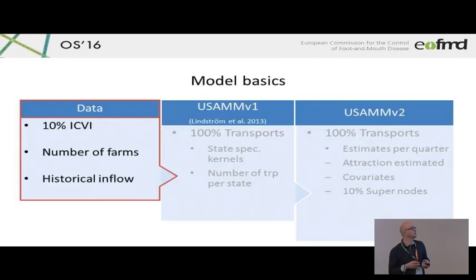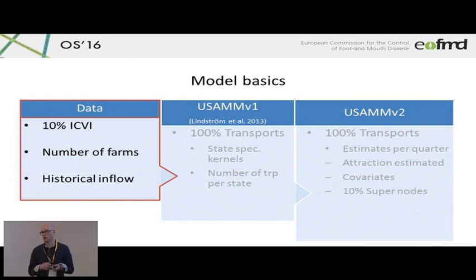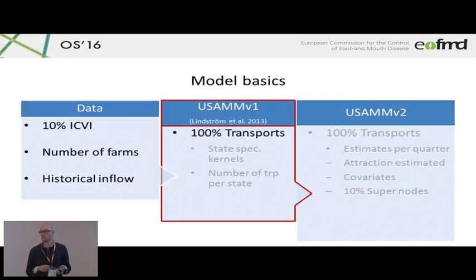So in USAMM version 1, from 2013, we used the 10% ICVI data, the number of farms in each county, and the historical inflow to a state to estimate parameters that can give us the 100% network.